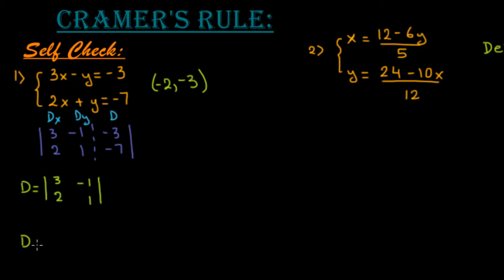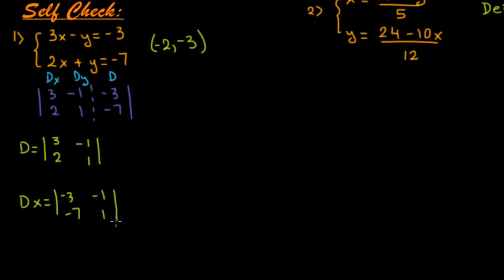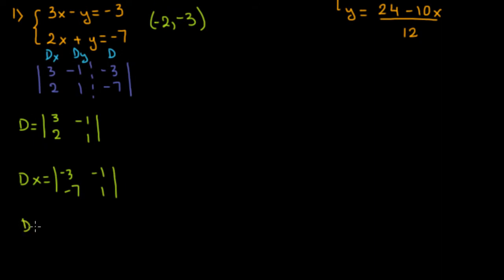For Dx, I cross out the x column and replace it by d, so you have -3, -7 as the first column, then -3, -7, -1, 1. Now for Dy, we cross out the y column and replace by d, so we have 3, 2, -3, -7.